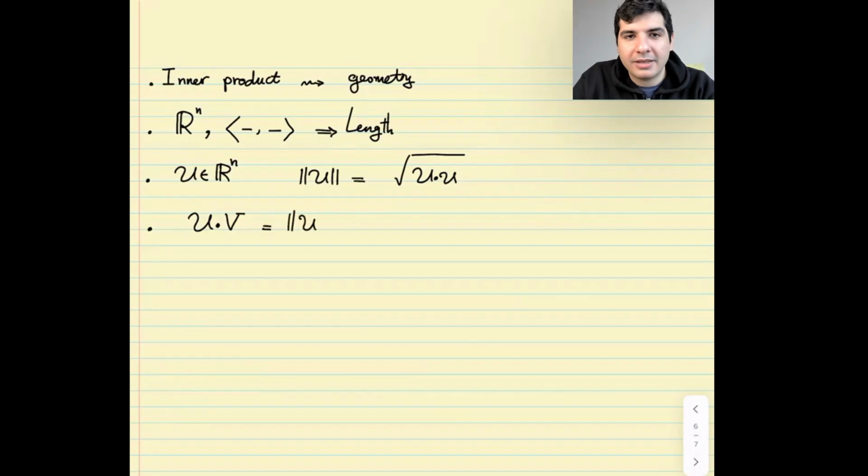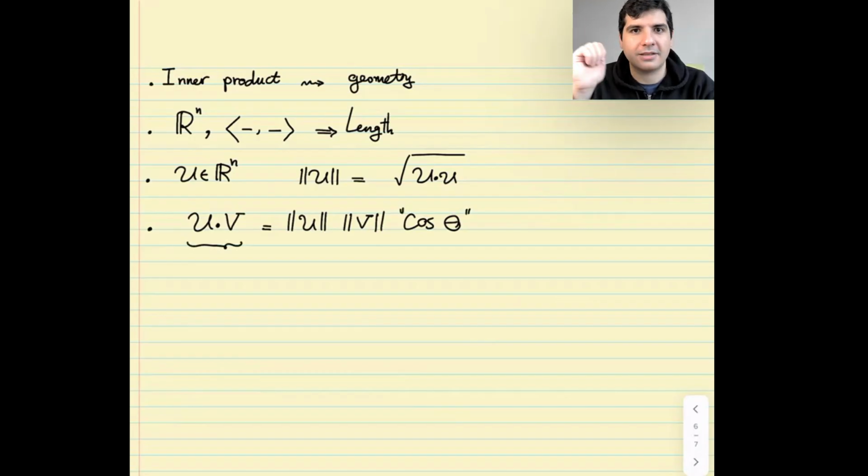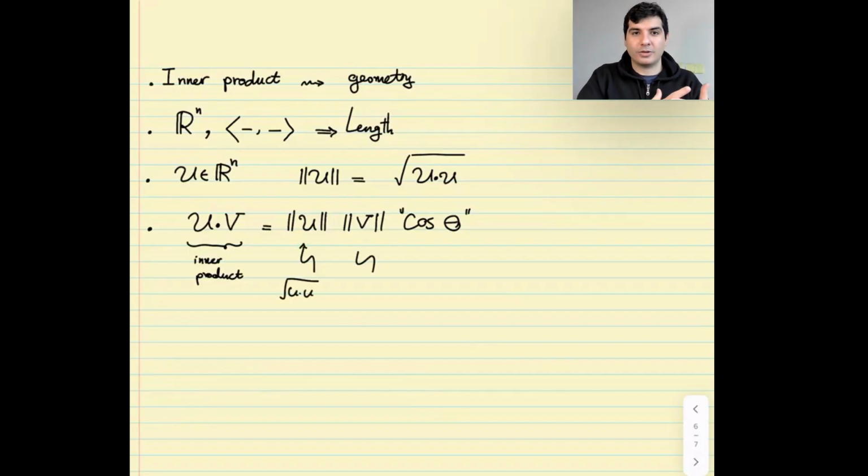Also remember, in Euclidean geometry, we have that the inner product of u and v is equal to the length of u, times the length of v, times the cosine of the angle between them. Now, if I have any non-standard inner product, I can use this to define what I call an angle between two vectors. If I have a notion of inner product, I know what u dot v is. I define that using my inner product. I know the length of u, that's the square root of u inner product u, and the length of v, the square root of v dot v.